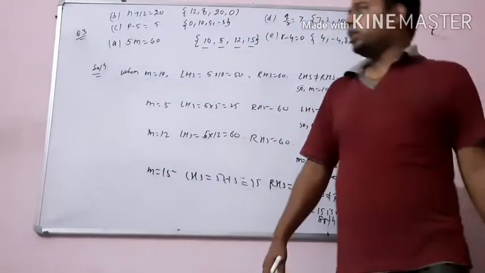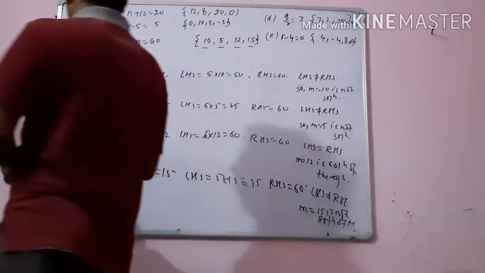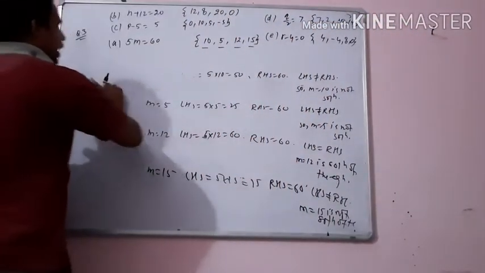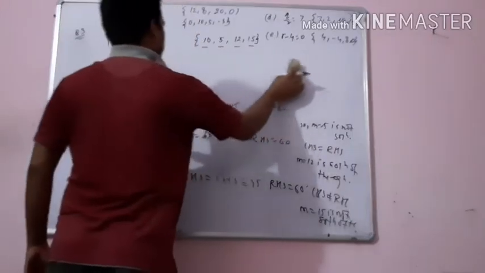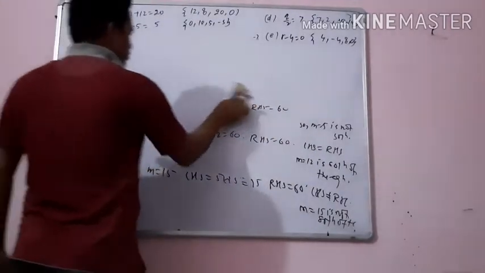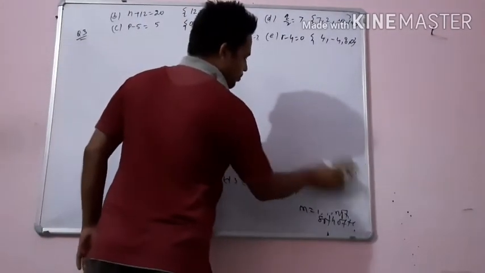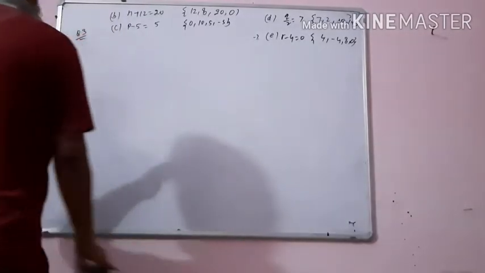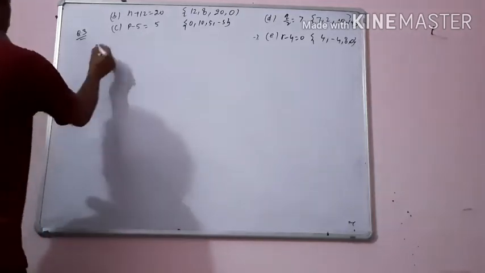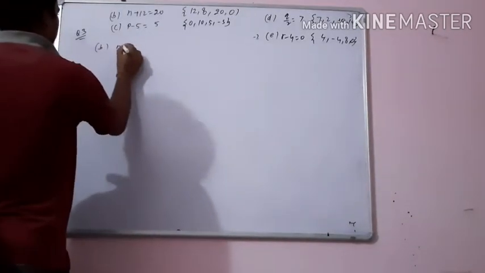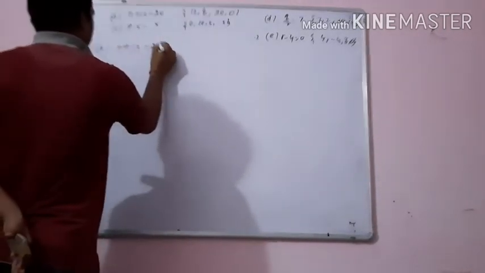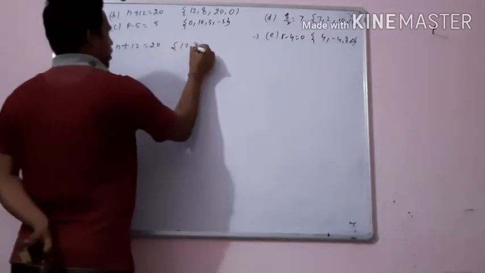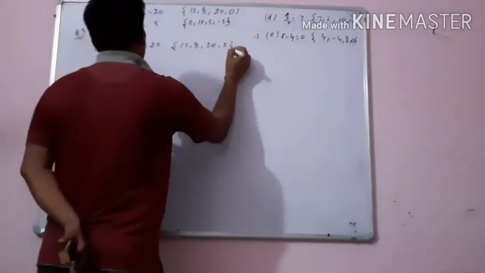Now moving to 3 B. What question is given? n plus 12 equals 20, and the values are 12, 8, 20, 0.